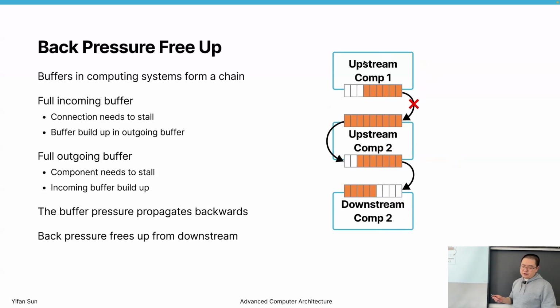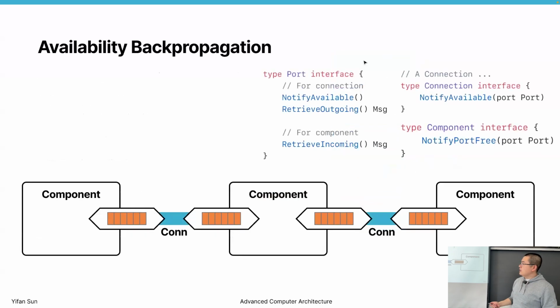Because of this, we have a mechanism that we call availability back propagation. Although it's not really a new concept, because it's still part of the code. Let's say in a port, we have notify available.